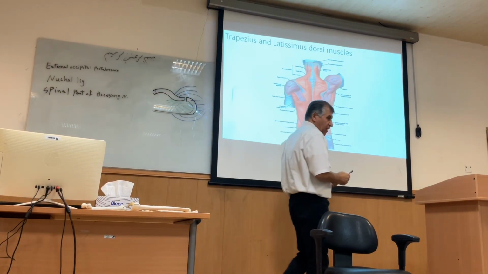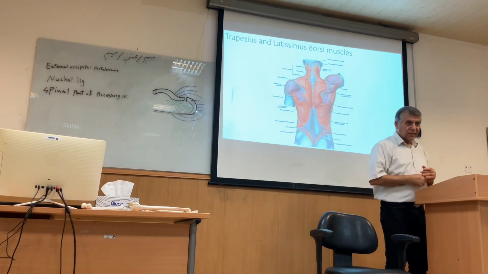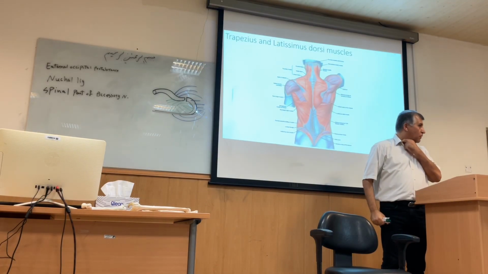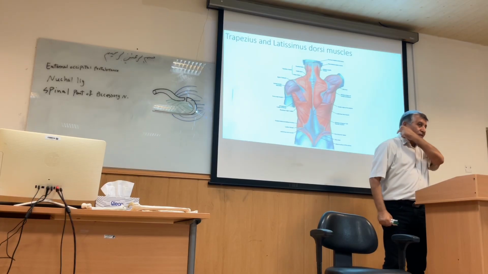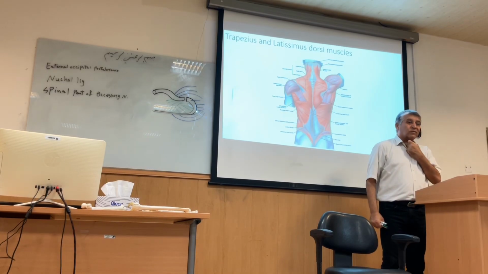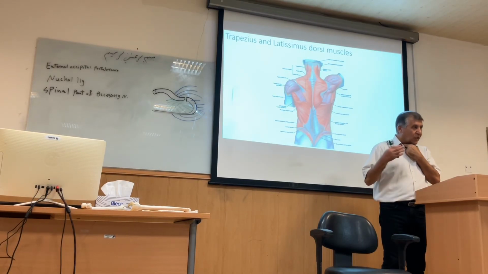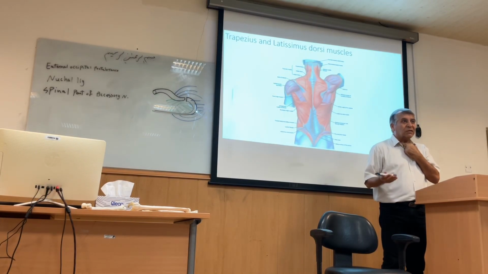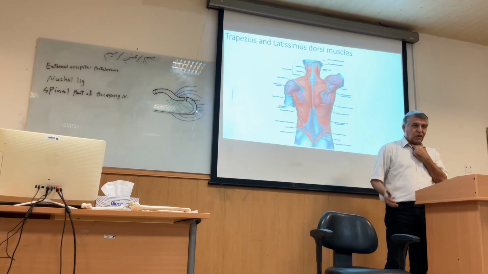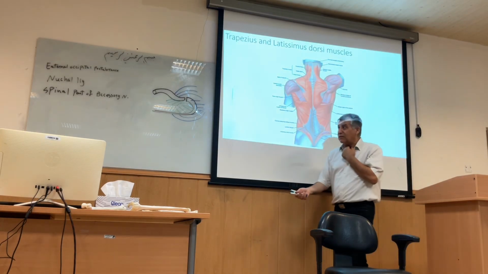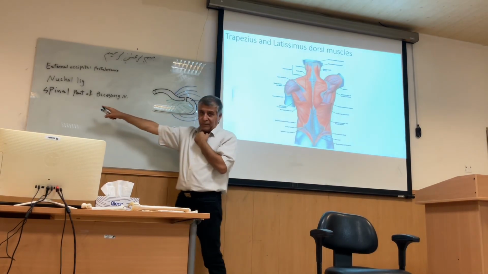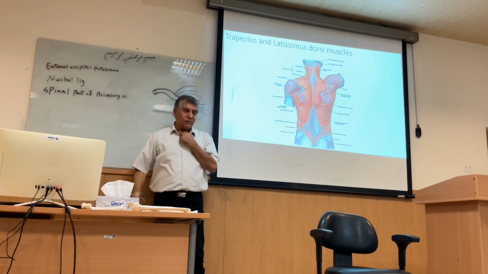Okay? Yesterday we learned this muscle and this muscle. Both of them are innervated by the 11th cranial nerve. The other name is accessory nerve. Which part of the accessory nerve? The spinal part of the accessory nerve.